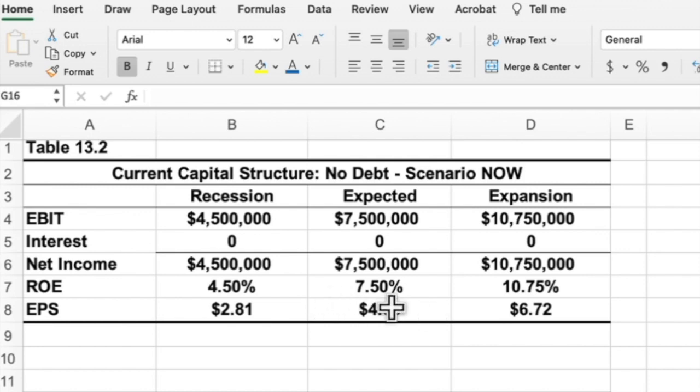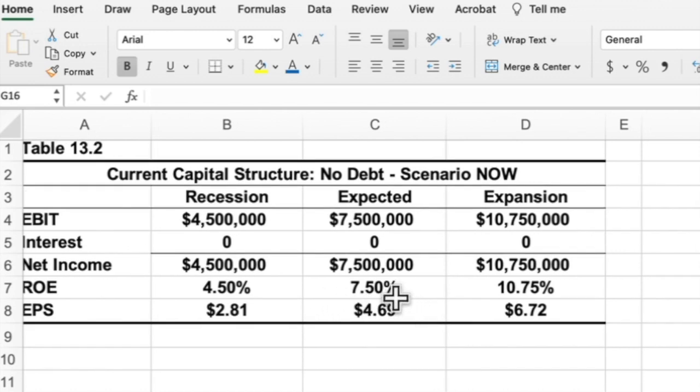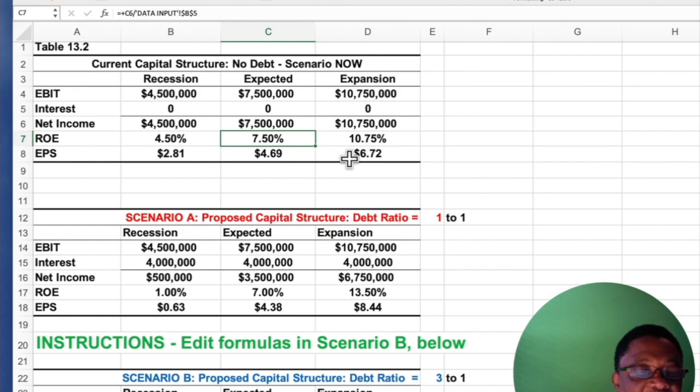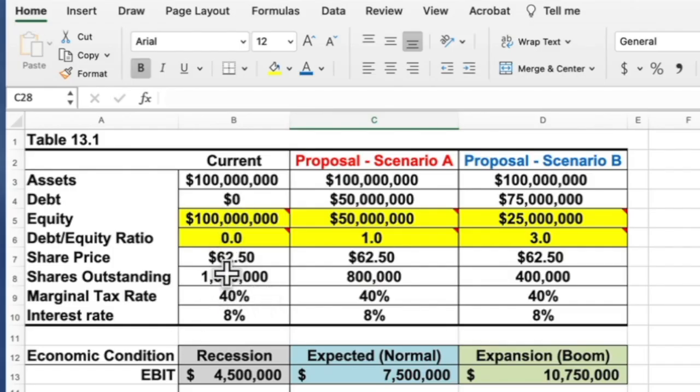So our return on equity is going to be 7.5%. In other words, it's going to be the $7.5 million divided by the total number of shares outstanding. And you will recall total number of shares outstanding are 1.6 million.